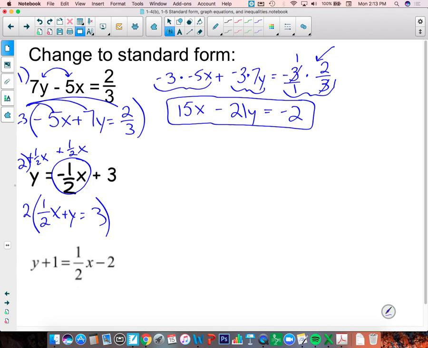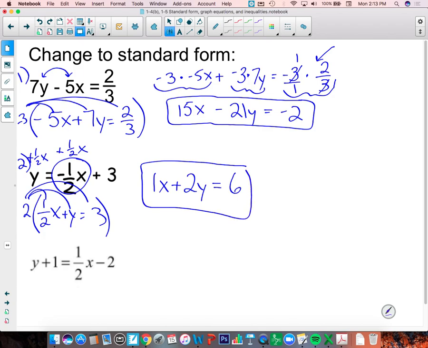And then you're done after that. 2 times 1/2 is just a 1. So you can write 1x if you want to, or just write an x, that's okay. Now we have the y, so plus 2y, and then 2 times the 3, so equals 6. That's done. No negatives out front, no fractions, we have the x first.